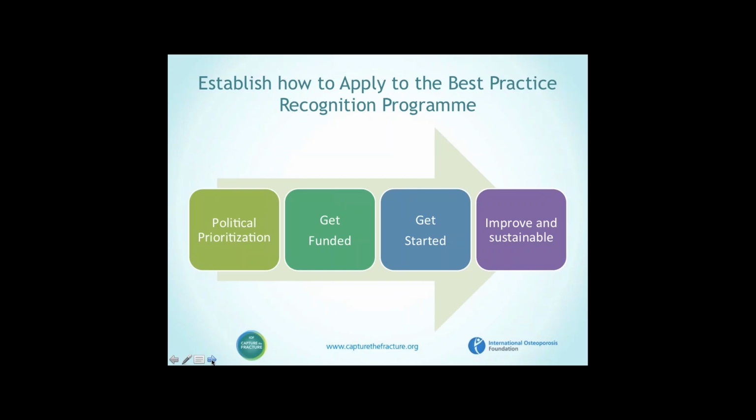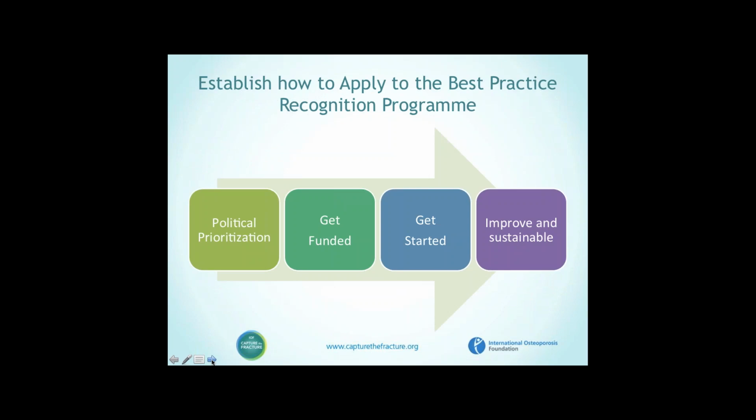When we look at how to implement a successful FLS, there are four broad stages. The first is to achieve political prioritization, have the policy statements in place to support you applying for and getting funded for an FLS. Once the political statements are in place, the next stage is to write the business plan, business proposal, or application form to get funded.